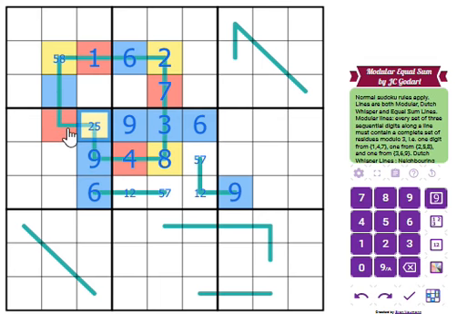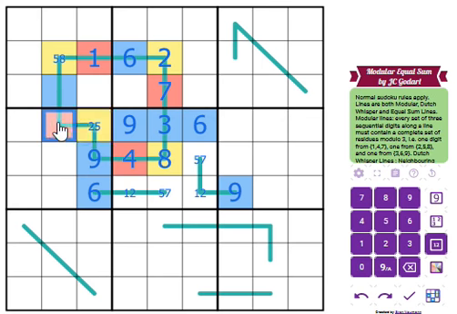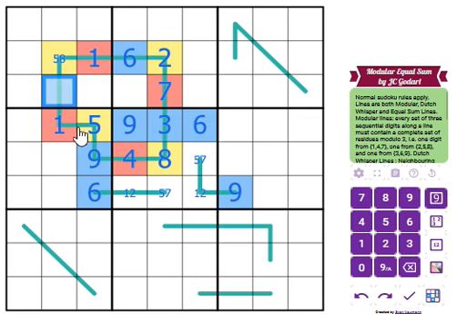It could be 5. 1, 1, 2, 4. 2, 4 doesn't work, so this is 5, 1. So now this is 3 to 6. So 6 or 9.